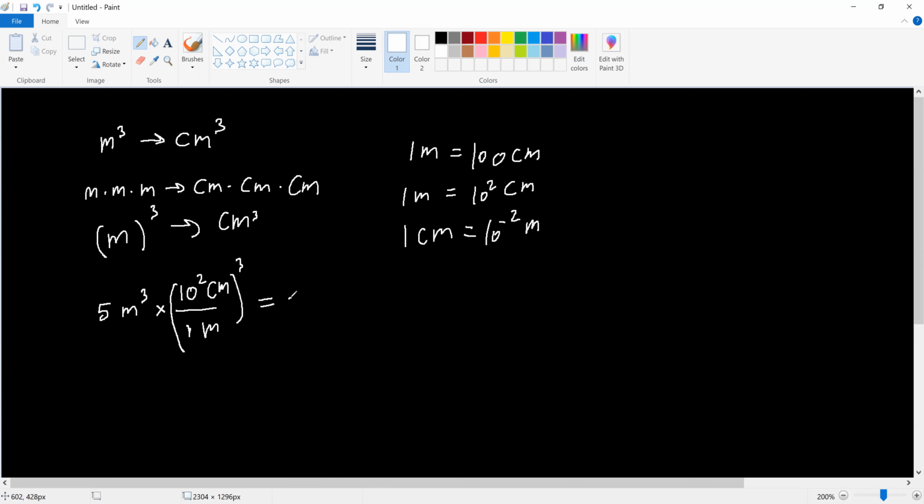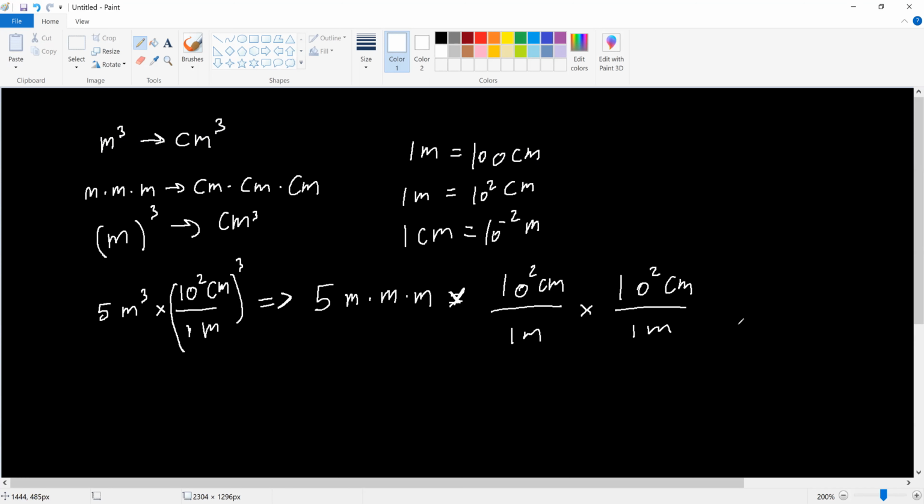Another way we can write this is 5 meters times meters times meters is equal to, times, I should say, 10 to the second cm over 1 meter times 10 to the second cm over 1 meter times 10 to the second cm over 1 meter.